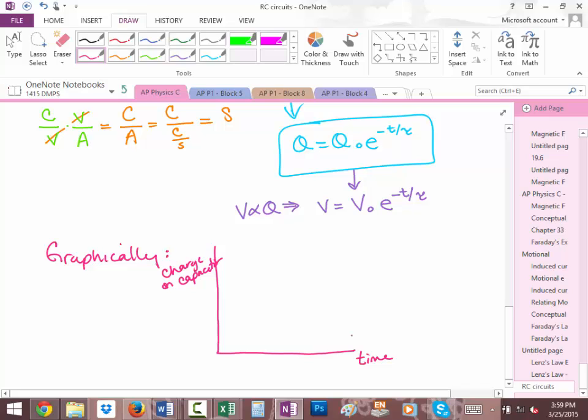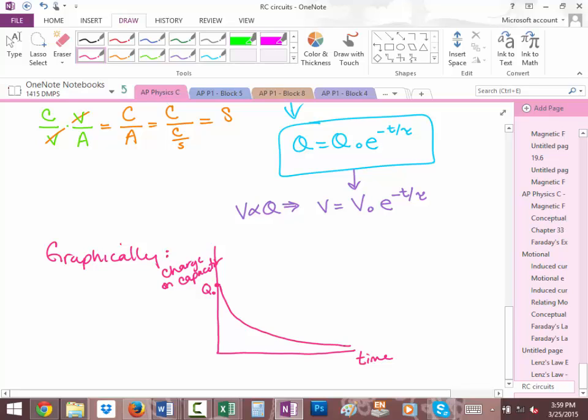Any ideas? It's going to go down. It crosses the Q axis. So where does it start? At Q naught, right? And then it decreases at a decreasing rate, so something like asymptotically.